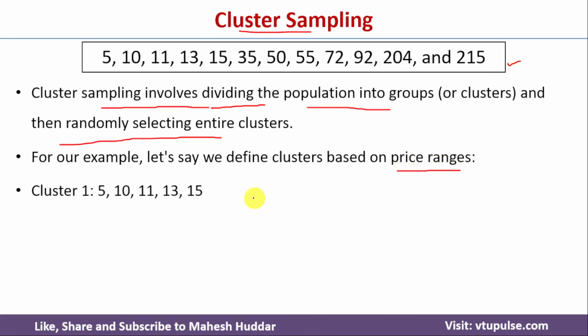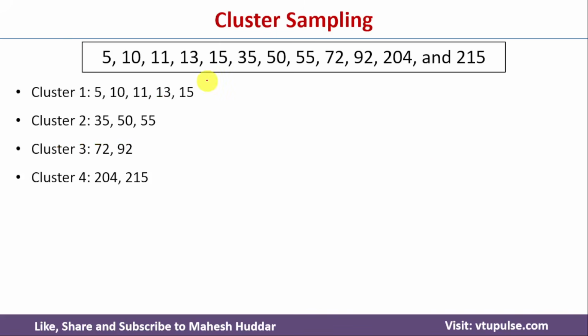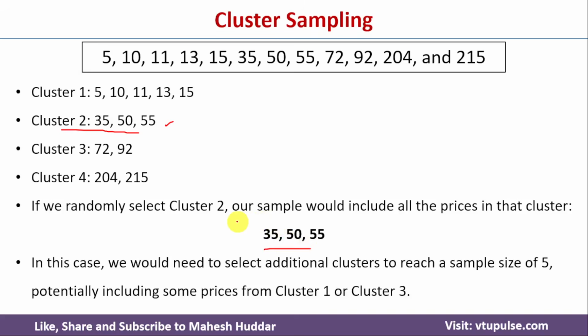I have divided the data into 4 clusters based on the price range, and from these 4 clusters we can select any random cluster. I have selected cluster number 2. In cluster number 2 we have 3 prices, but we need a set of 5. To match that, we can select cluster 1 or cluster 3.